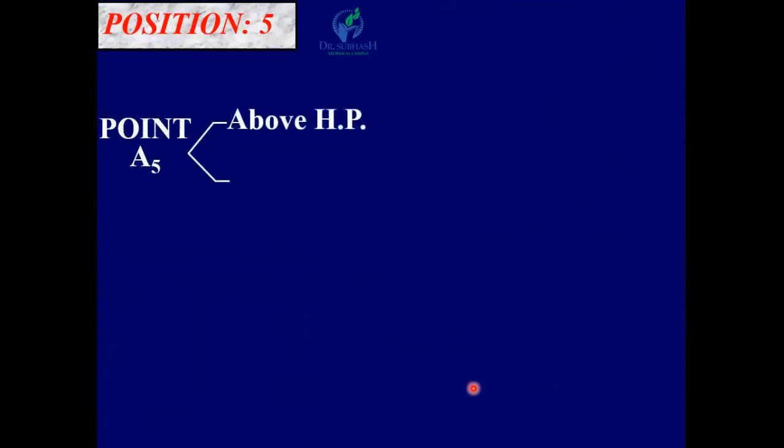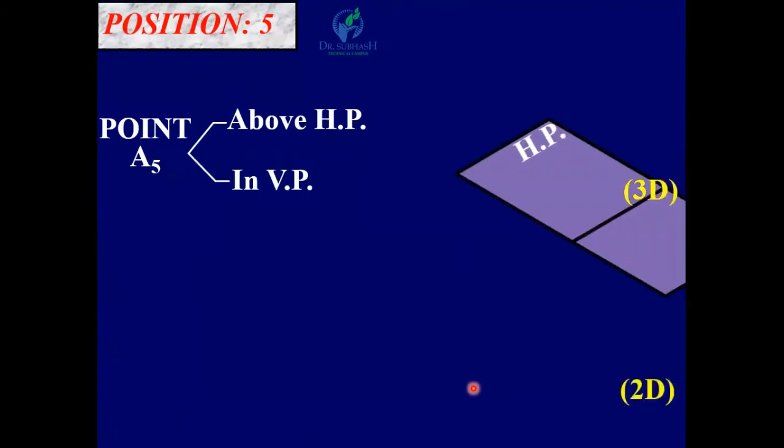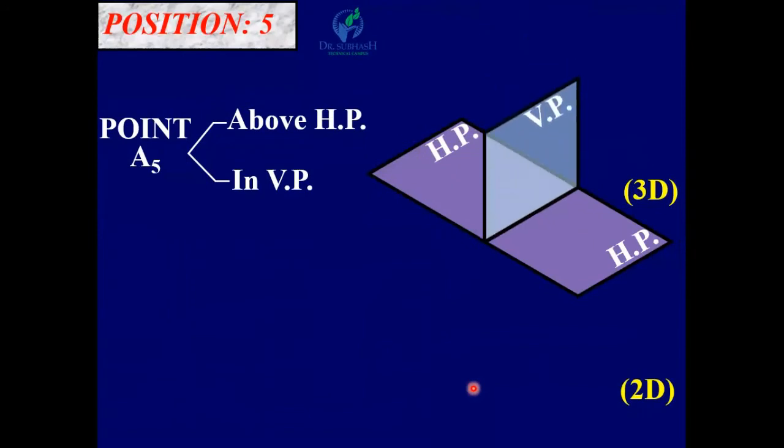Point A5 above HP and in VP. Okay, so point A5 is in VP and above HP. Now, here, horizontal plane and vertical plane. So you can see this point A5 is in VP. Okay.